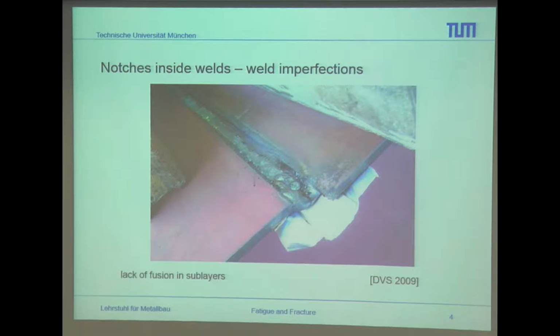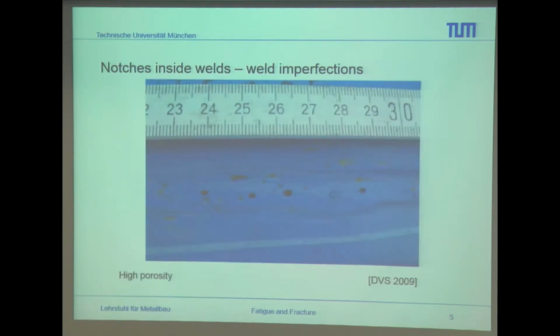And of course, this welded seam doesn't really handle fatigue loads, but also cannot handle static loads. The next one is high porosity. As you can see here, in the top layer of the weld seam we have some pores which have a size of 2 millimeters.